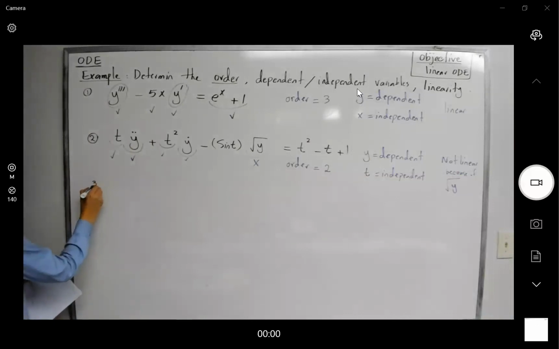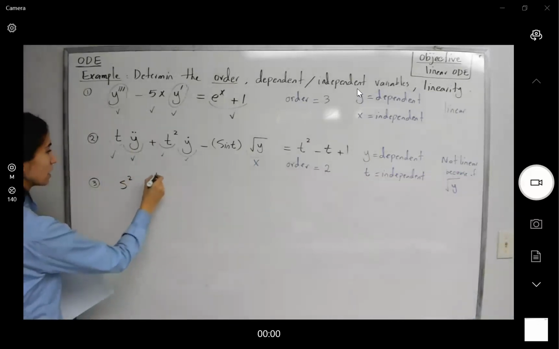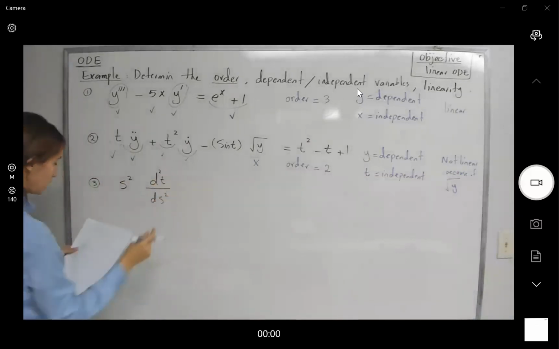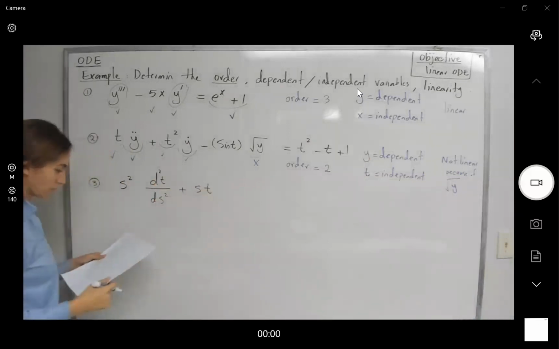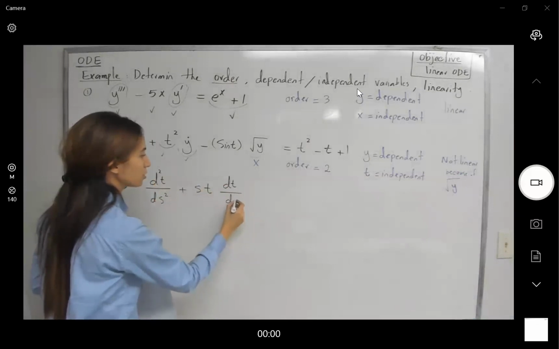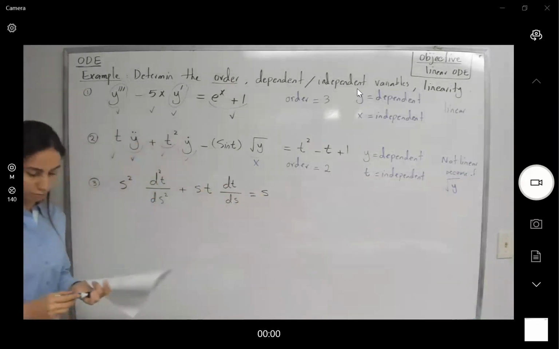Number 3, we have s squared times the second derivative of t with respect to s plus s times t times the derivative of t with respect to s, which is equal to s itself.